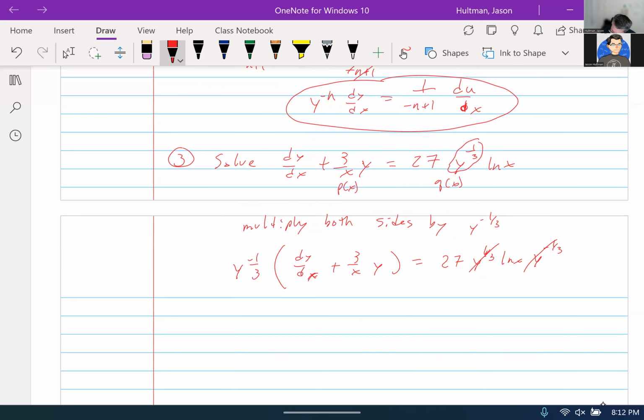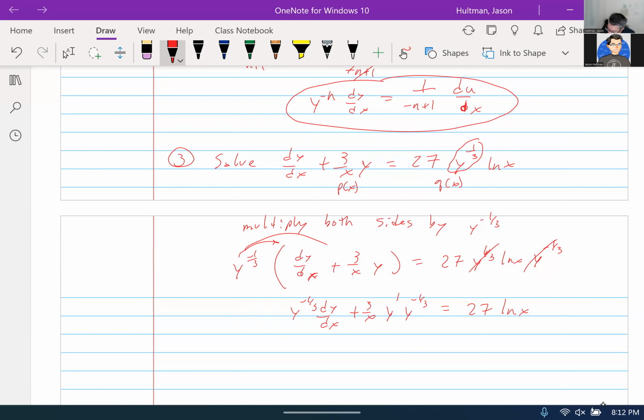And we could distribute that y to the negative 1/3, and we get y to the negative 1/3 dy dx plus 3 over x, this is y to the first times y to the negative 1/3, is equal to 27 times the natural log of x.